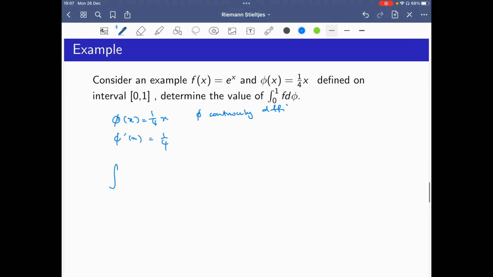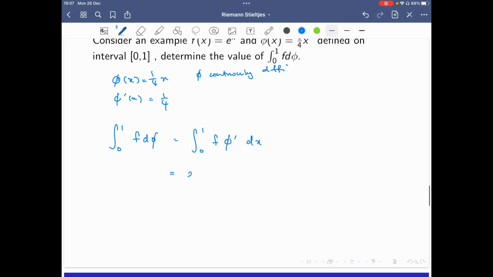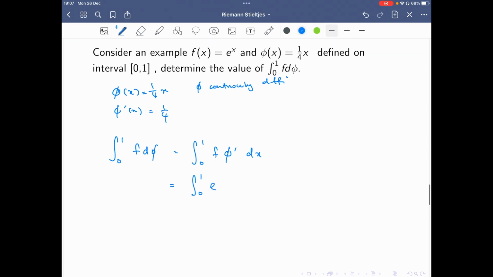As we take the limit from 0 to 1, f is equal to e to the power of x. Let me write it more rigorously: the integral from 0 to 1 of f phi prime dx is equal to the integral from 0 to 1 of e to the power of x times, after taking the derivative of the phi function, 1 over 4, dx.